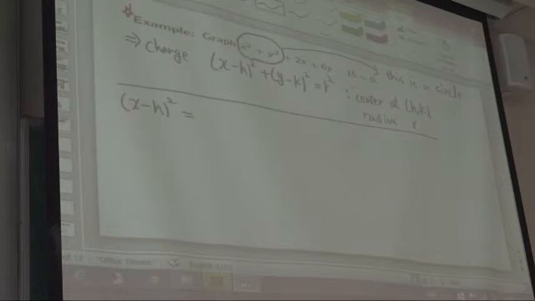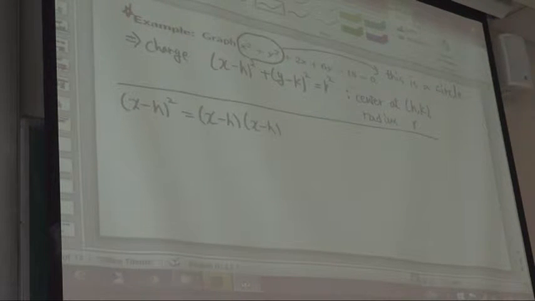Look at the formula in the previous section, chapter 7. If you don't know, we can just write down x minus h, x minus h. That's the meaning of the square.